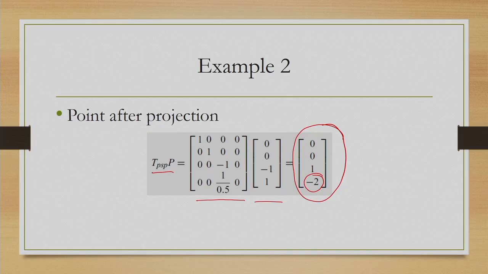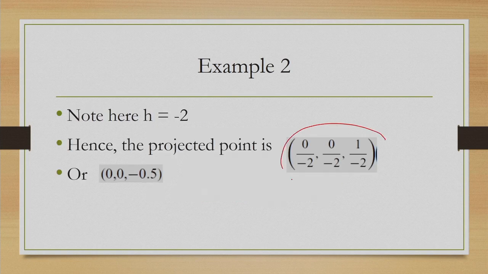We have to divide whatever we got with the homogeneous factor. So, after division we will get this point, or this is the final point that we get after perspective projection applied on the central point.